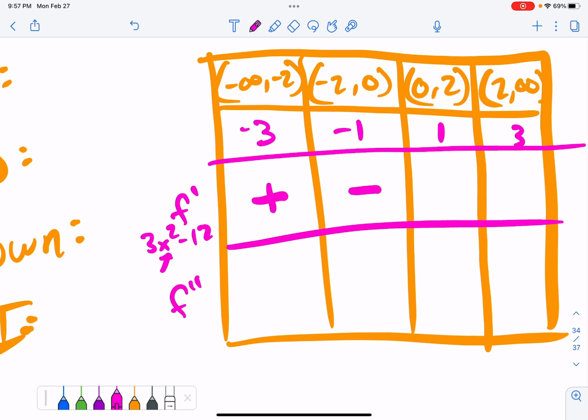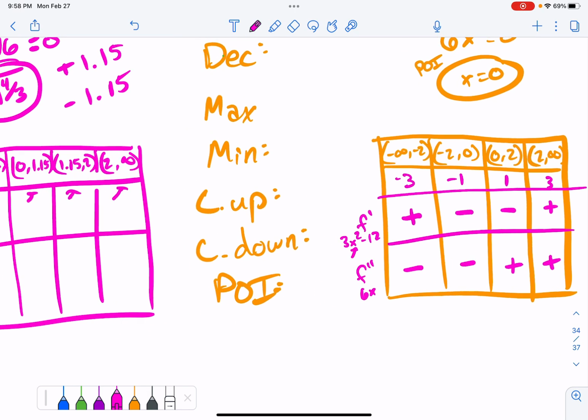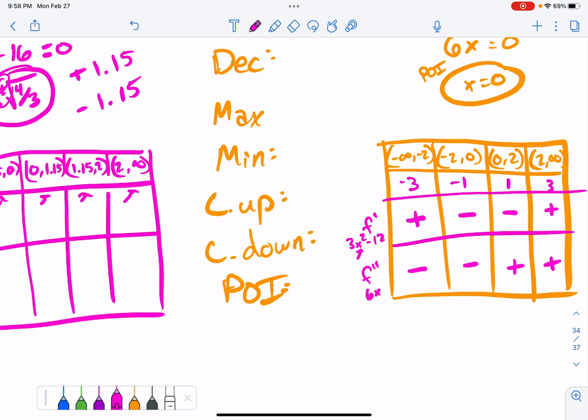Positive 1 will be negative again, and positive 3 will be positive again. The second derivative, 6x: negative 3 is negative, negative 1 is negative, positive 1 is positive, positive 3 is positive.